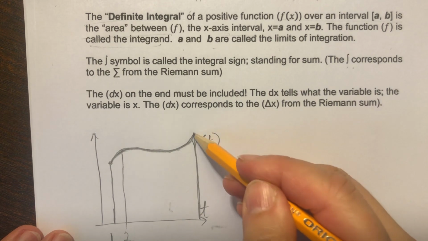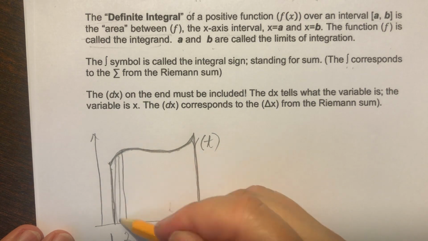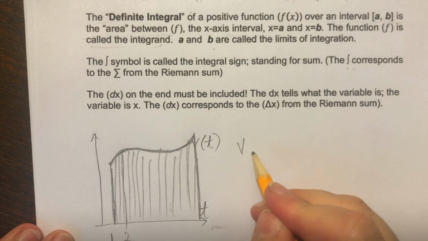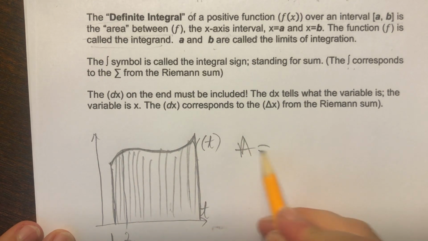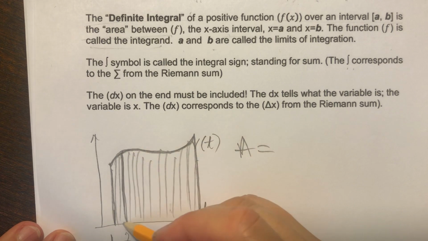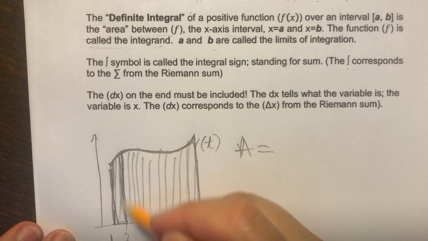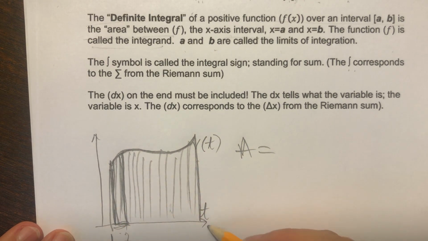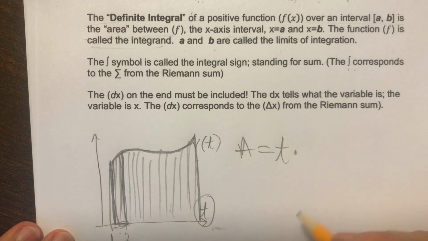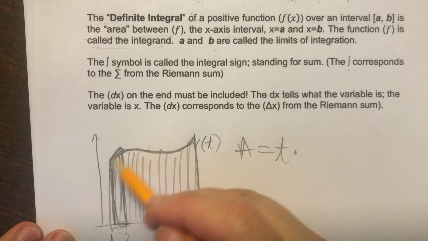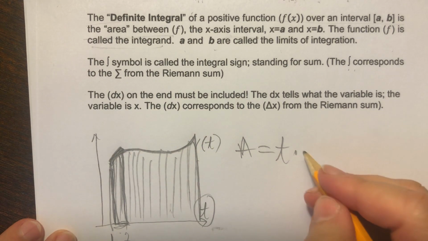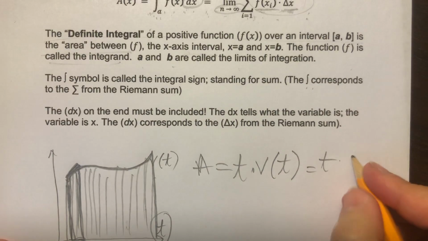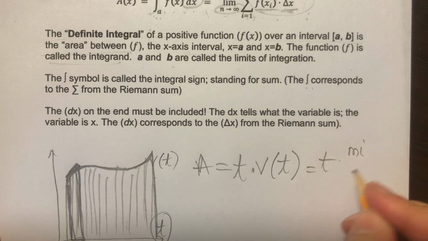Now, what would the area of this rectangle mean? The area of this rectangle is simply the width of the interval times the height. What's the width of the interval? The time elapsed, within an hour. What is the velocity that you drove for this time?